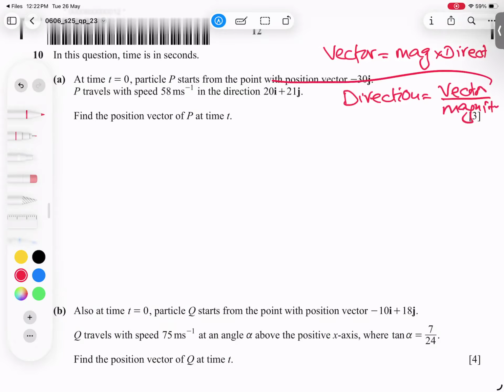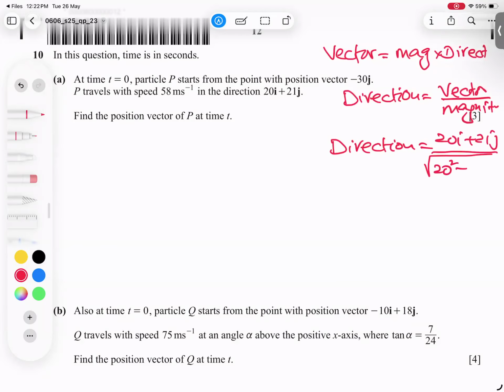The vector is this, and the magnitude we can find. So the direction is 20i plus 21j over root of 20 square plus 21 square.